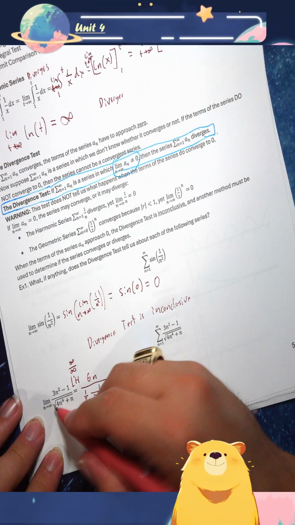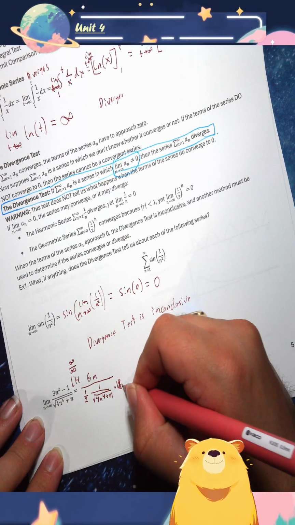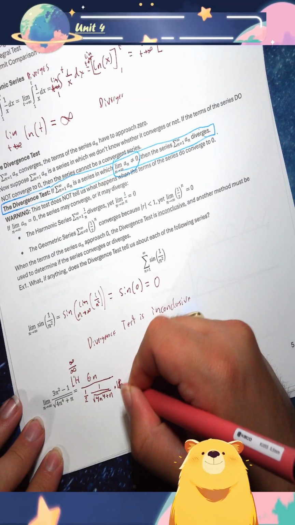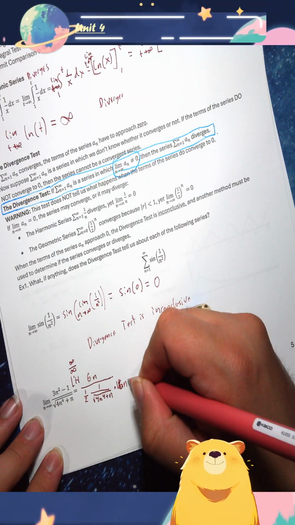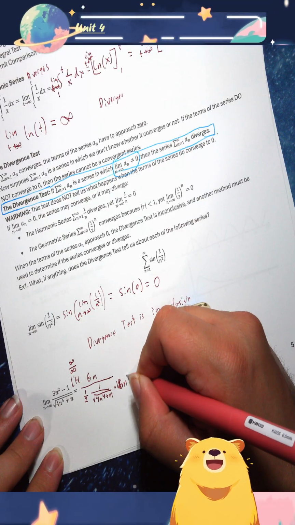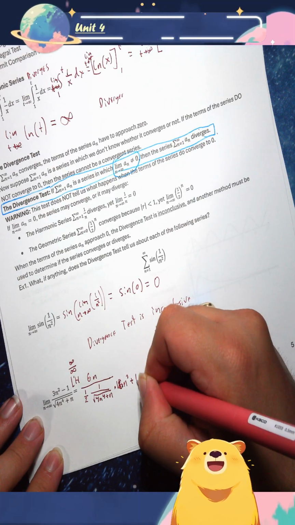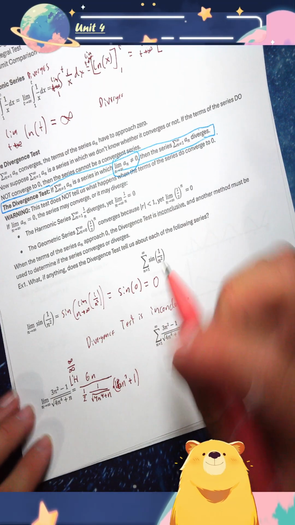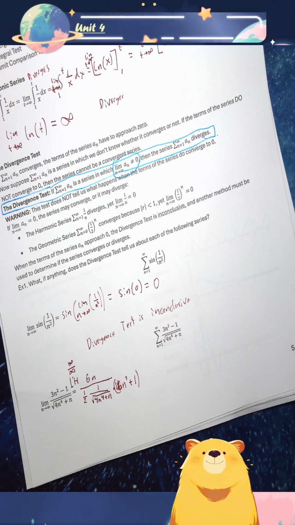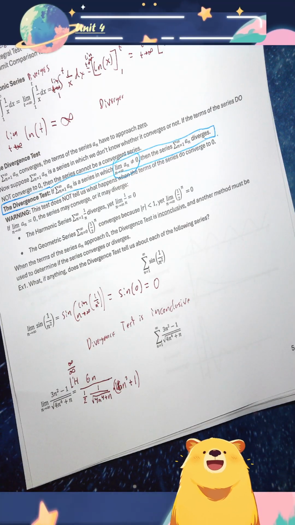No, not 8, 4 times 4. So 16n to the power of 3 plus 1. Okay, so we have to mess with this a bit.